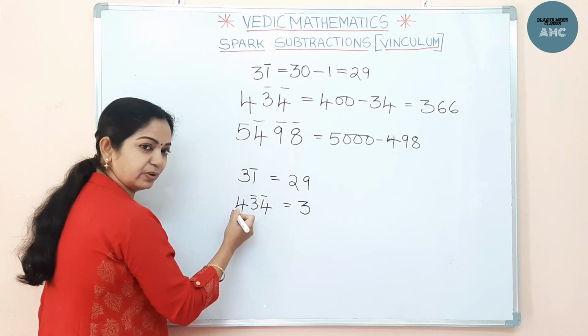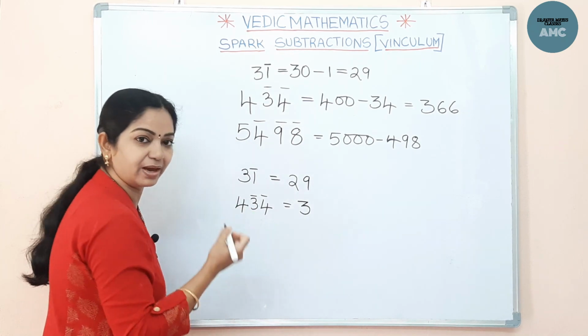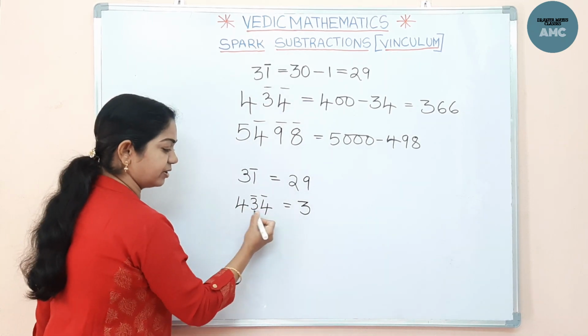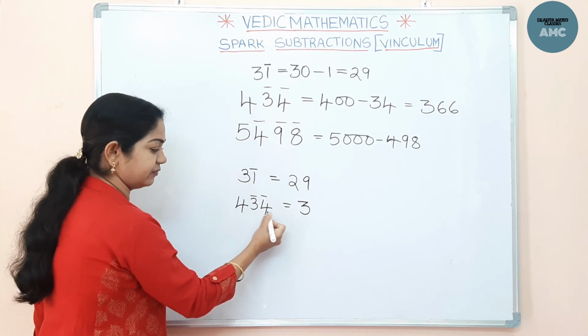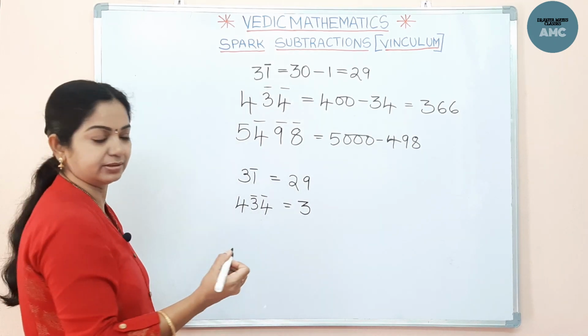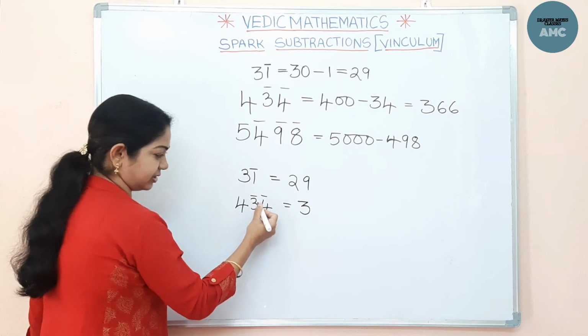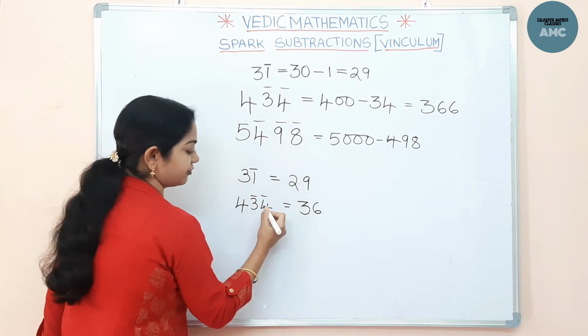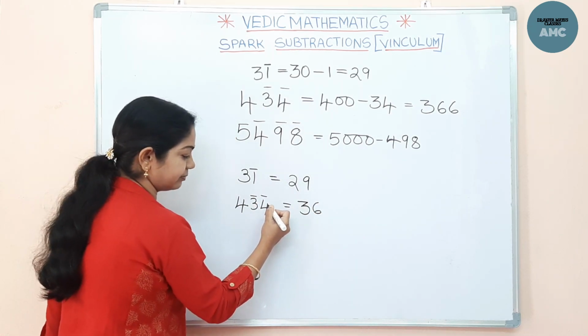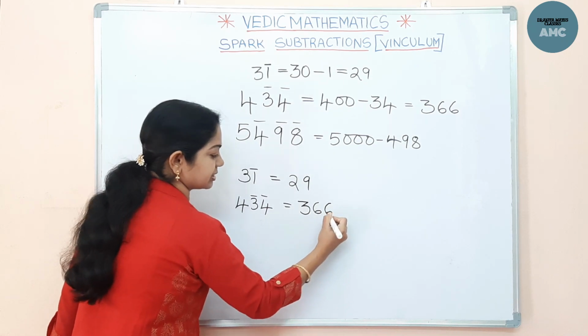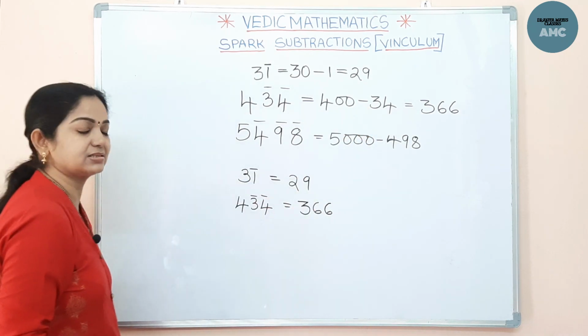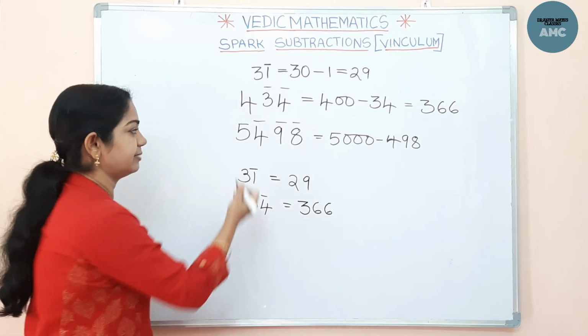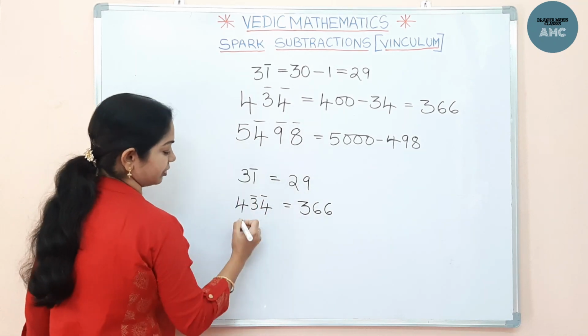So, before the Vinculum, the number you have to reduce by 1. Now, start all from 9, last from 10 for this number, which is in continuation of Vinculum. Now, from 9, subtract 3, that comes to 6. From 10, here, the last number from 10. So, this comes to 6. So simply 366.